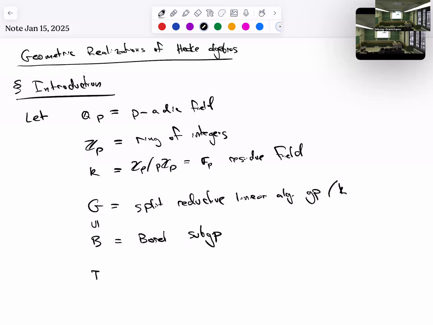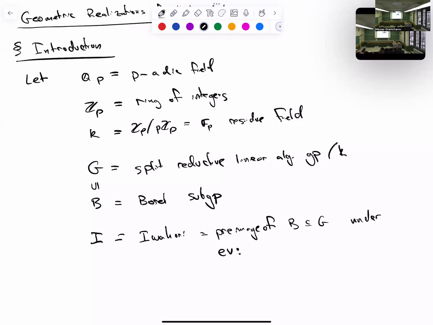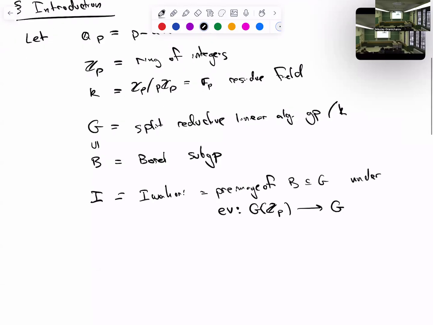And now the Iwahori, denoted by I, will be the pre-image of the Borel under the evaluation map. In other words, you take the group with p-adic integer coefficients and you do mod p. So the Iwahori is the pre-image of the Borel.